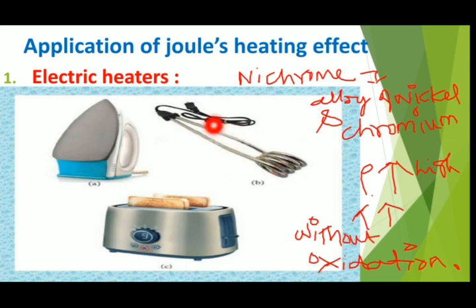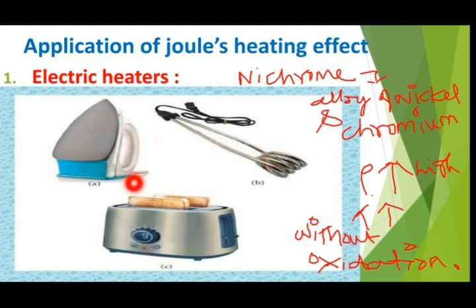The electric heater is used for heating water, the iron is used to iron your dress, and a toaster is nothing but a bread maker without gas or a cooking process.